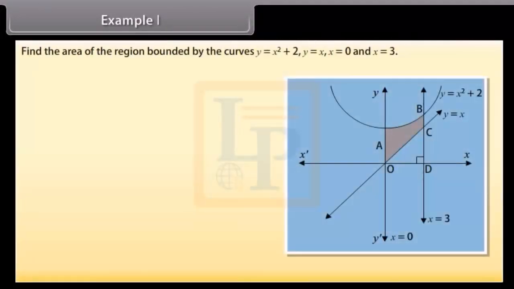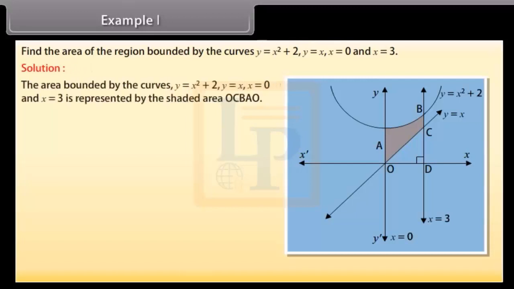Example first. Find the area of the region bound by the curves y equals x square plus 2, y equals x, x equals 0 and x equals 3. Solution. The area bound by the curves y equals x square plus 2, y equals x, x equals 0 and x equals 3 is represented by the shaded area OCBAO as shown in this figure.